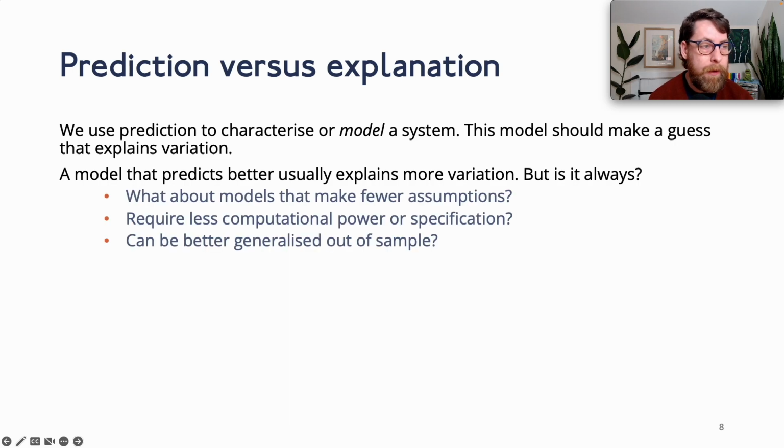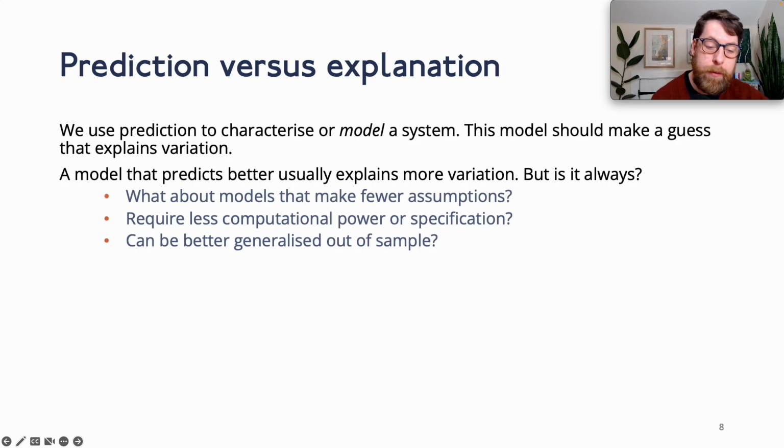And the reason is because being able to predict more within sample can sometimes lead you to overtrain a model, to overspecify a model, to be too specific. And sometimes a better prediction in a qualitative sense, if not a quantitative one, might be a model that makes fewer assumptions.